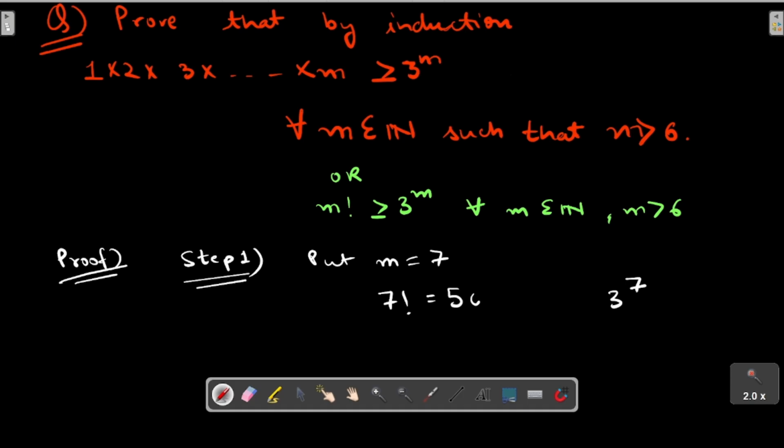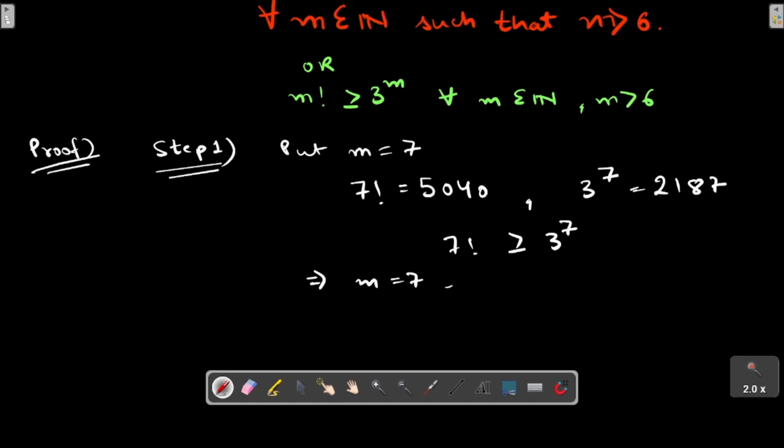Your 7 factorial is 5040 and 3 to the power of 7 is 2187. So obviously 7 factorial is greater than 3 to the power of 7. This implies m is equal to 7 is true.